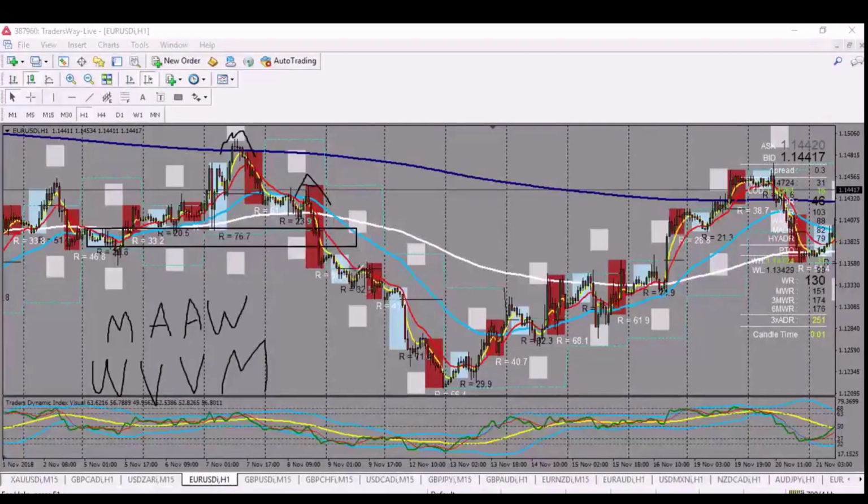Then we expect another A, stop hunt high. Get the drawing tool back here. Okay. Stop hunt high and drop. Here's another A. And then eventually our W reversal. But I'm going to show you something that's very, very interesting here.